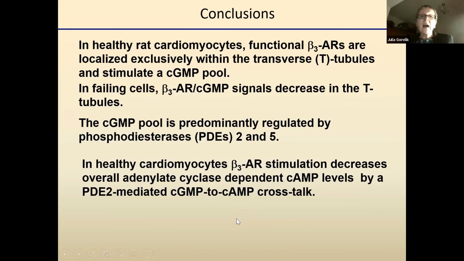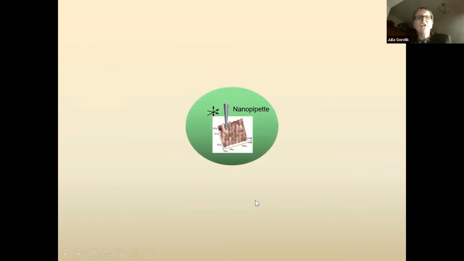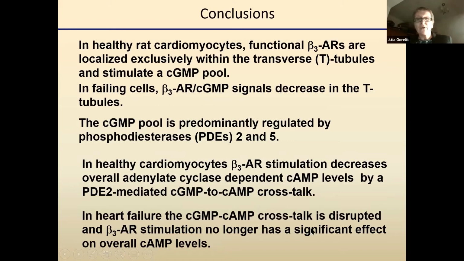And in healthy cardiomyocytes, beta-3 stimulation decreases overall adenylyl cyclase dependent cyclic AMP level, through PDE2 mediated cyclic GMP, cyclic AMP crosstalk. And in heart failure, cyclic AMP crosstalk is disturbed, and beta-3 stimulation no longer has a significant effect on overall cyclic AMP levels.